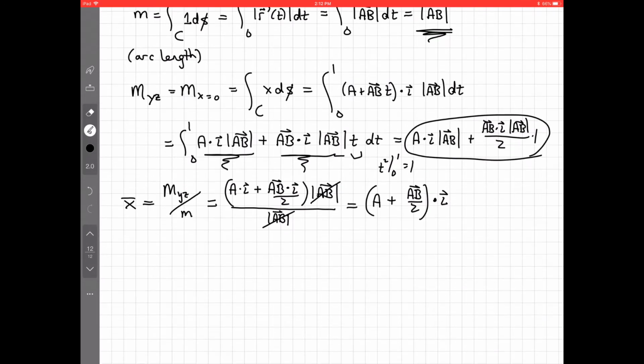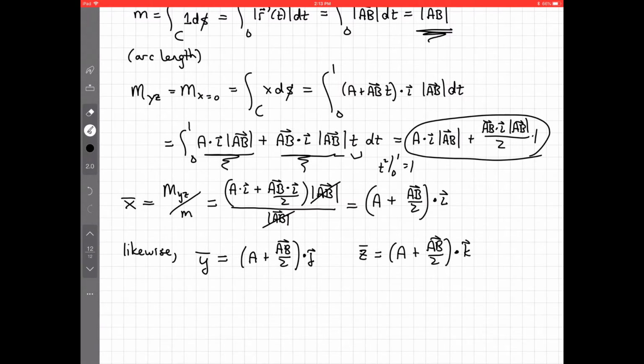Now, I'll just say likewise, the only thing that would change if we were computing y bar is we would have dotted with j instead of dotted with i. And the only thing that would change when we went to z bar would be this dotted with k instead of with i or j.